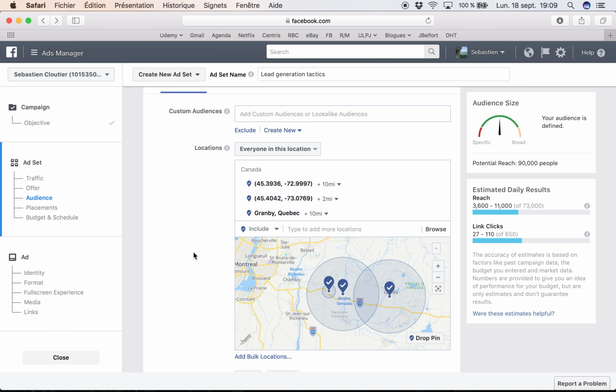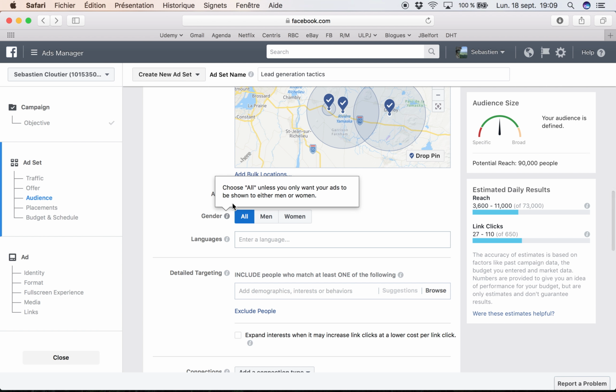All right, that being said, after that what you want to do is make sure that the age frame, depending on the topic you want to cover, selling a home, selling insurance, or whatever else, is relevant to your topic.